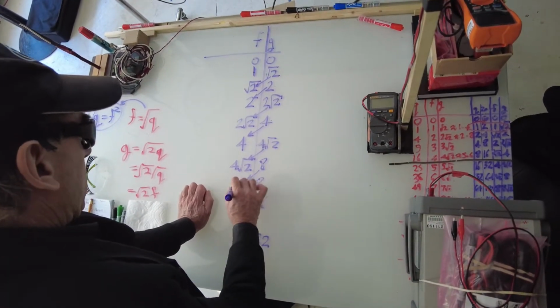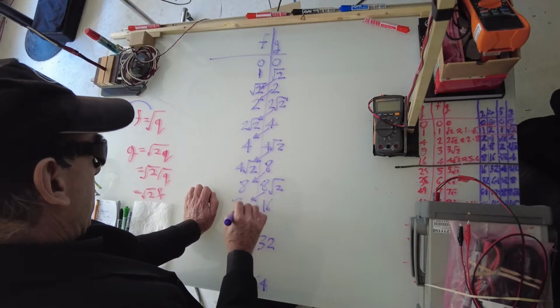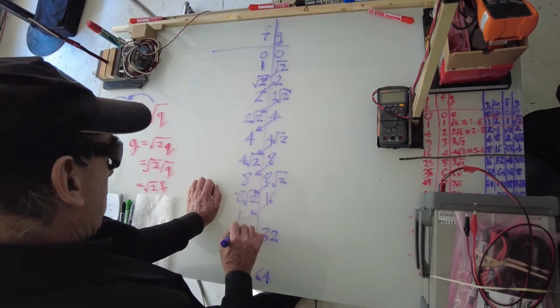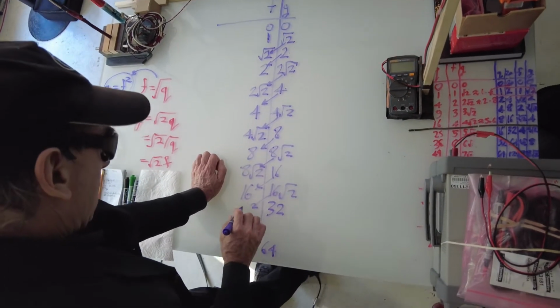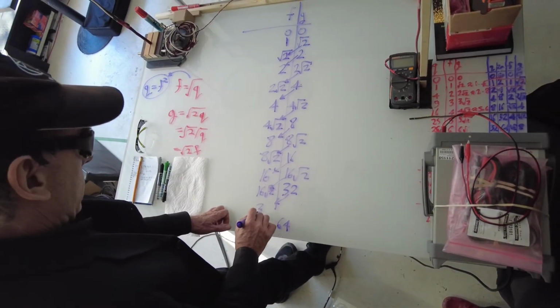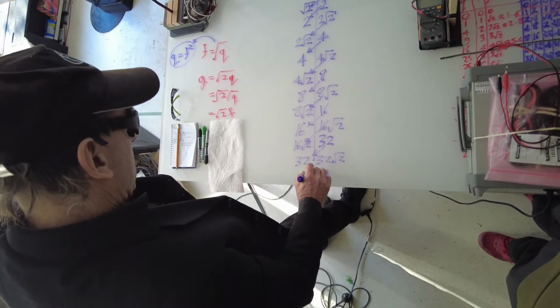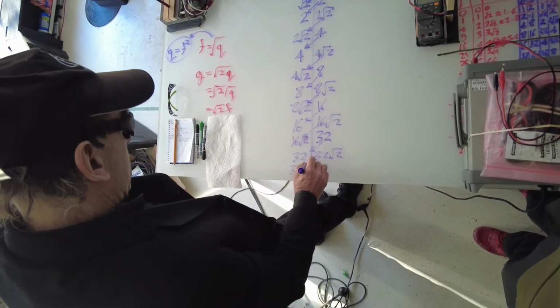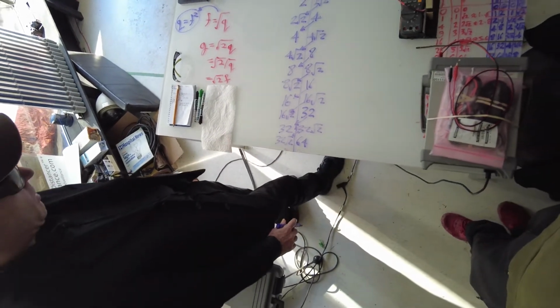This 8 is over here, and this is 8 root 2. 16 is here, 16 root 2, 32 is over here, 32 root 2 is here, and 64, and so on. So you can see there's a natural pattern that's progressing here.